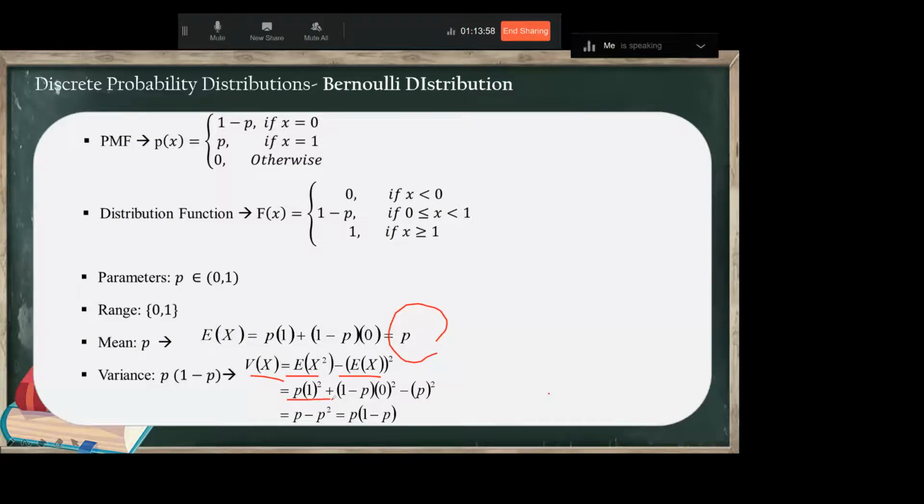We know that P is with probability 1, so P into 1 square, because X is 1, and the other is 0. After solving this, we get PQ. And we know Q is 1 minus P. So this is the variance, and of course the standard deviation is going to be the square root of PQ. So if only P is given, you can get Q, and you can get the variance, the mean, and the parameters.